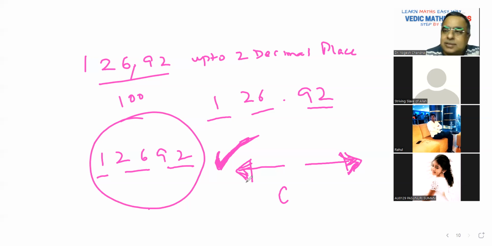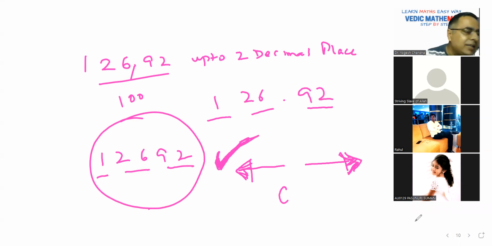Please do this because it is an important topic. If you have any queries, we'll solve them. Okay, solve this question: 8.2643 up to 2 decimal digits.